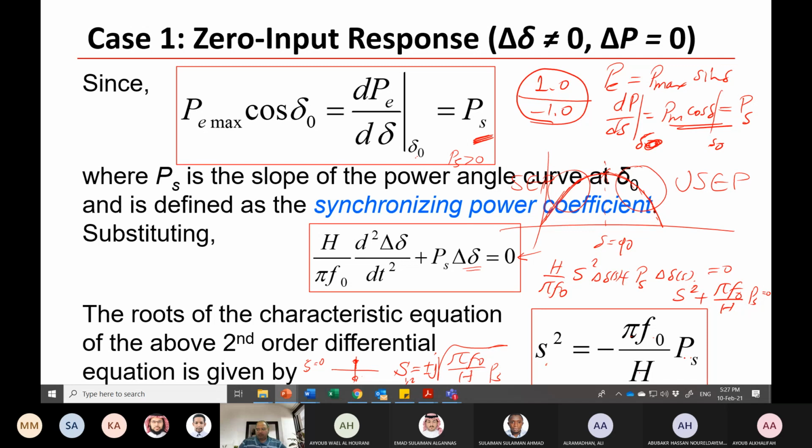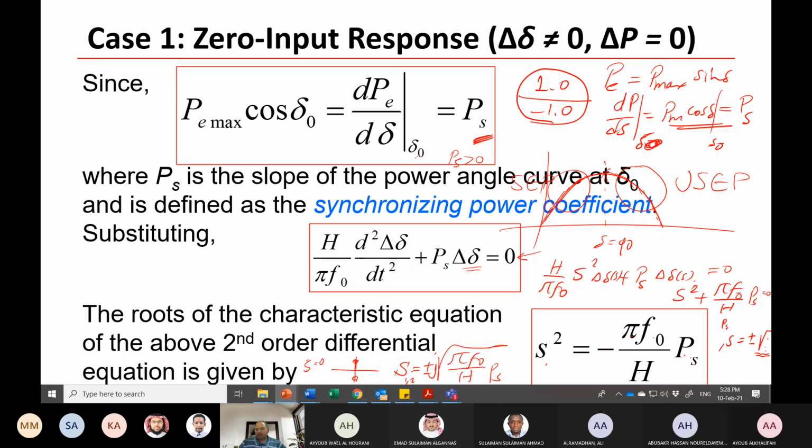If Bs is negative, that means this negative will be multiplied by this negative. So in this case, this will be a real quantity, positive, then you have S equal to plus minus square root of this value. So plus minus a real part here. This becomes a real part. There is no imaginary in this case.